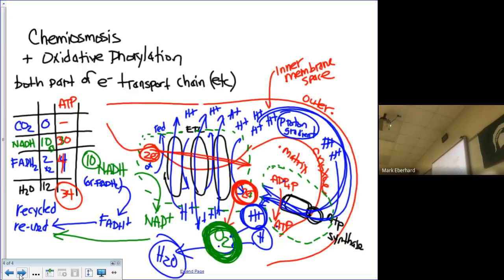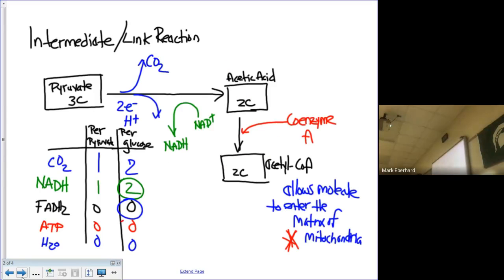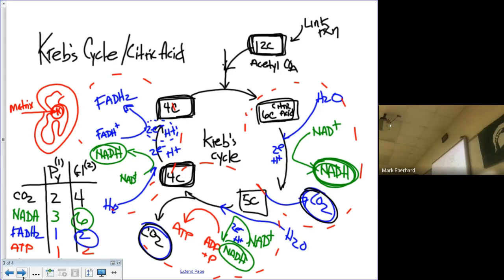So again, if I do some accounting, go back to glycolysis, my overall accounting, I've got a net gain of 2 ATP. 2 plus 0 is 2. I have another 2 here, so 2 plus 2 is 4.